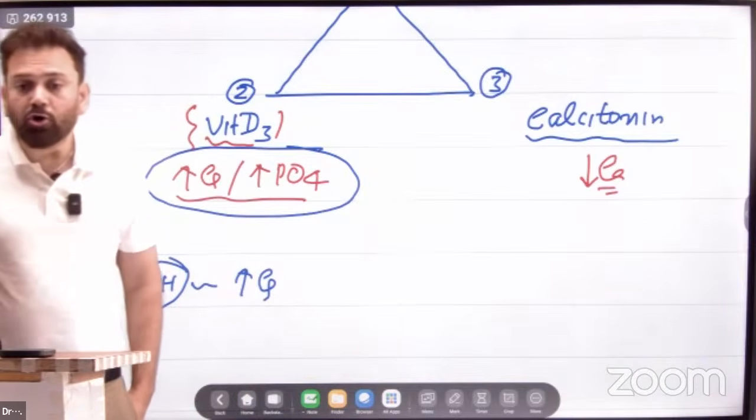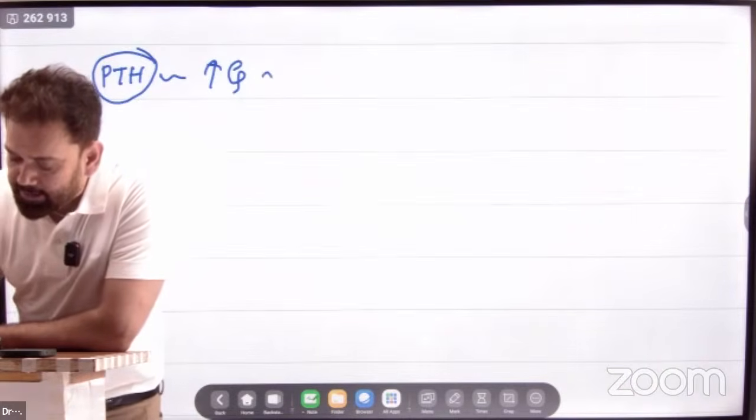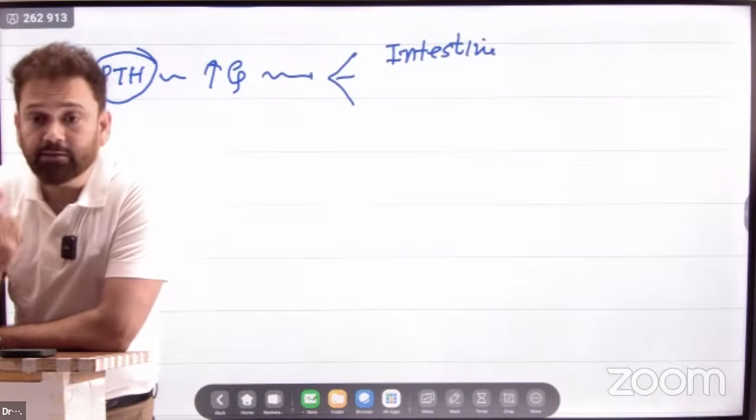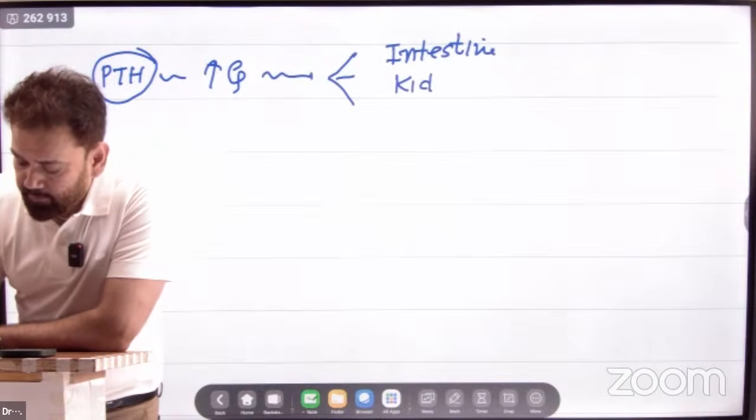Now in the exam, a short note on parathormone came. So you can simply write that calcium absorption is increased from the intestine. Reabsorption of calcium is increased from the intestine as well as from the kidney and from bone.